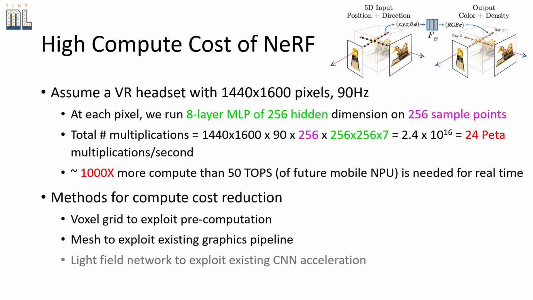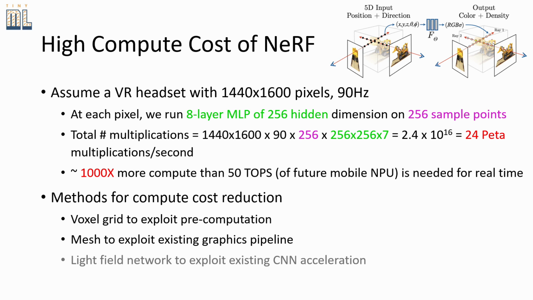So as I mentioned, in order to render the image, we need to know the pixel color. So let's check the number of pixels we need to handle per second. So spatial resolution by 90 frames per second will give the number of pixels you need to render every second, right? And for each pixel color, you need to shoot a ray, and on the ray, you need to sample points.